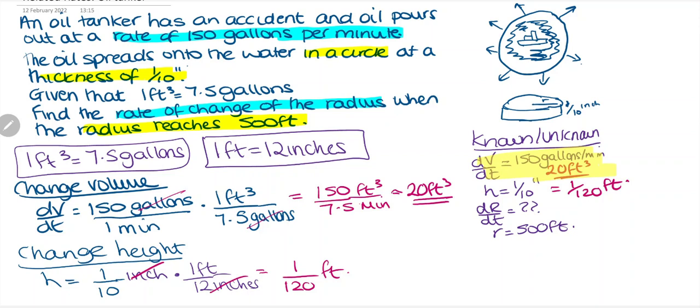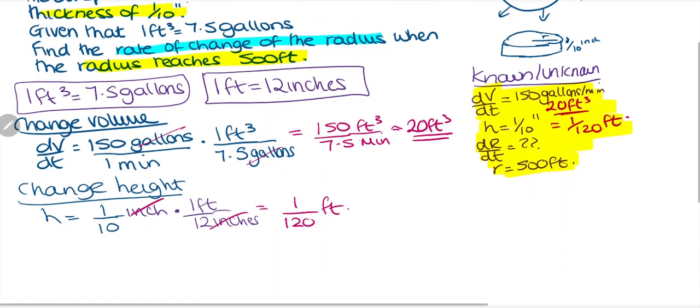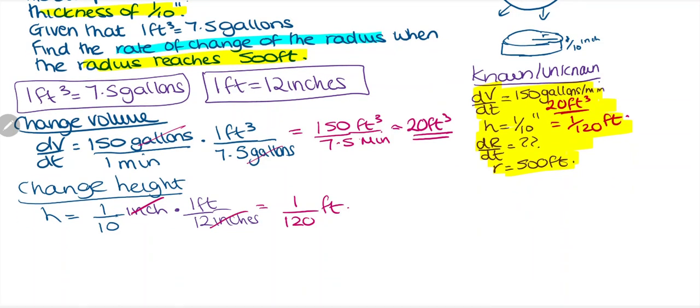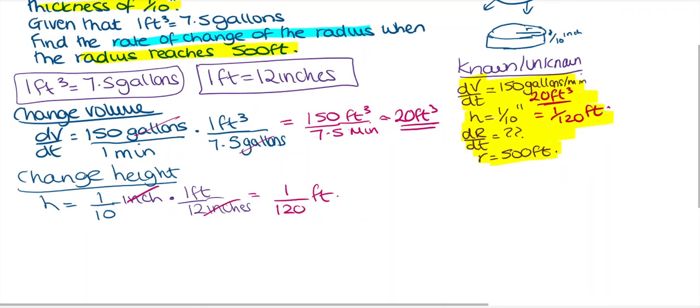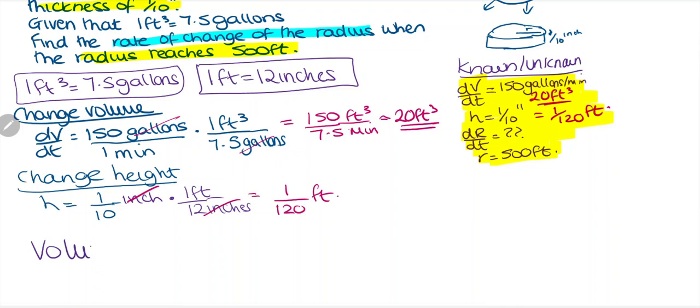So we have the information that we need in the correct units. We're going to go ahead and write down what we need. The next thing is going to be our equations. What do we know? Volume. We're looking at a cylinder, so we have the area of a circle times the height.